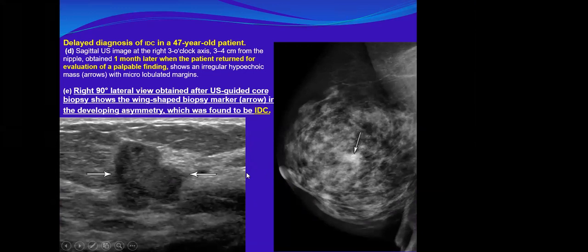See, and this is straight lateral performed after biopsy. It demonstrates the post biopsy clip within the corresponding area of developing asymmetry. Okay, here is another example.